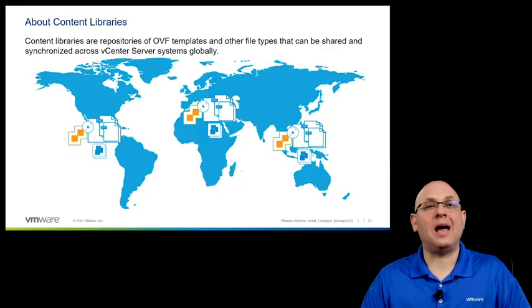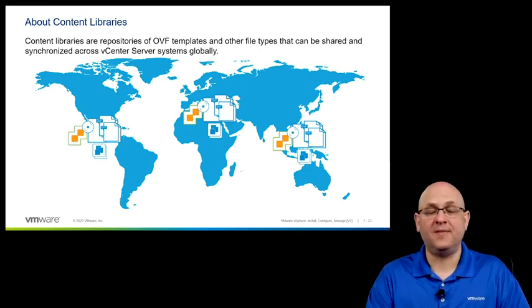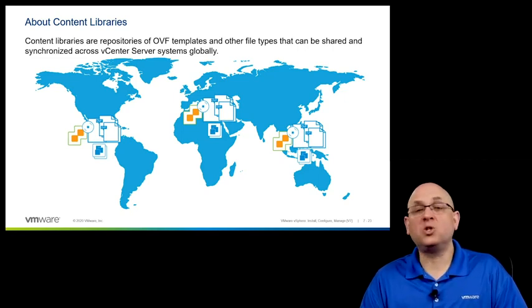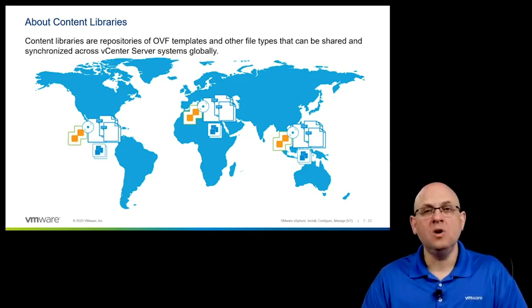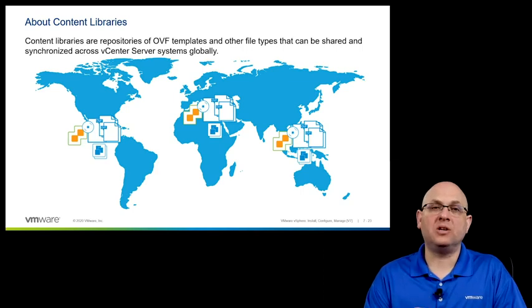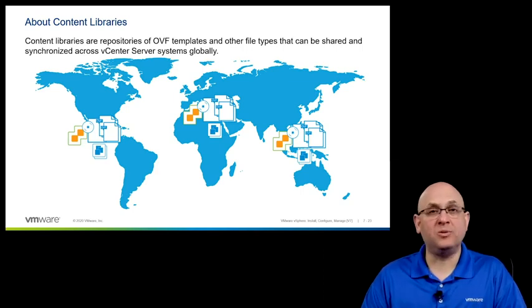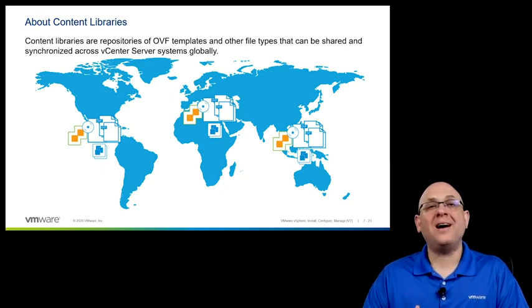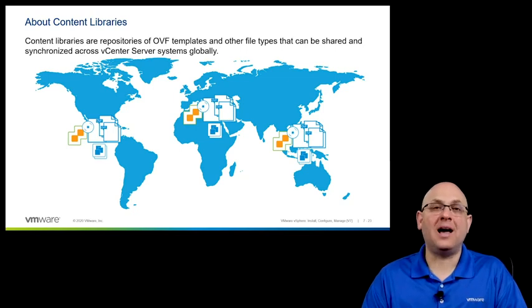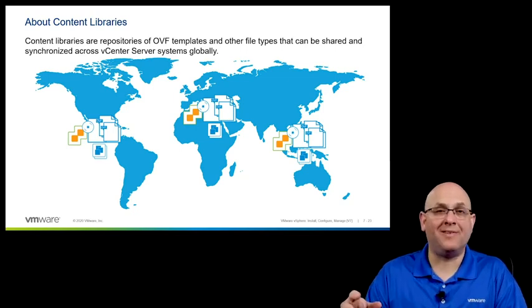So content libraries are central stores for your templates, for your OVF files, for your ISO images, for other scripts as well. By creating a central store, we're able to have a single location from which to deploy new virtual machines in our own environment, but also a single location to standardize our templates across wider environments.